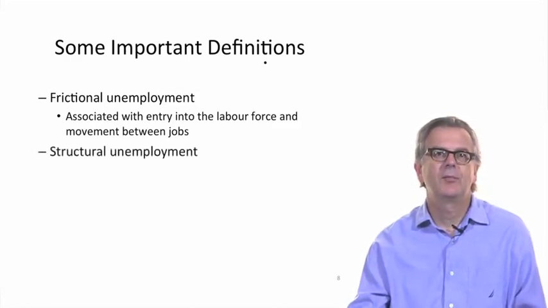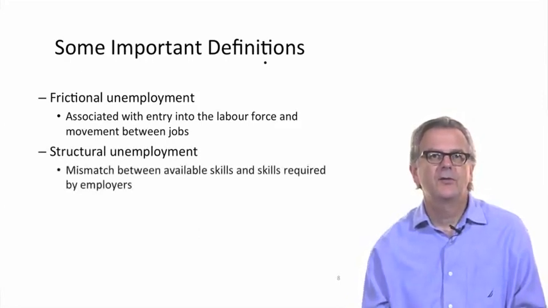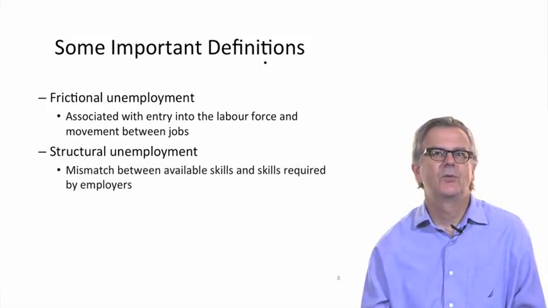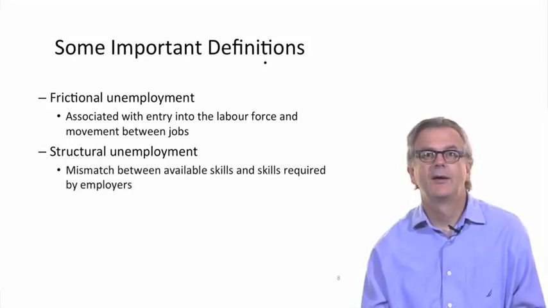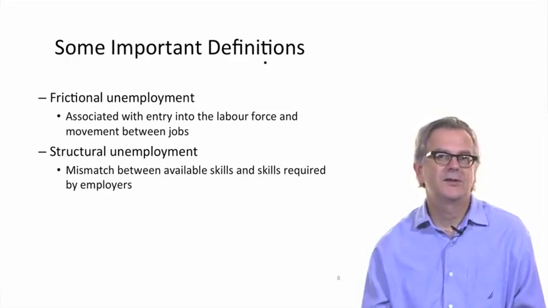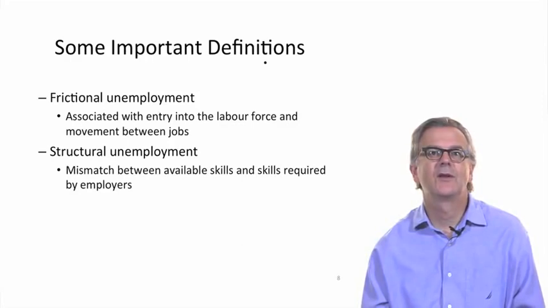The second type of unemployment is known as structural unemployment. Structural unemployment is a situation where there are people in the workforce willing and able to work, searching for work, but there's a mismatch between the skills that they have and the skills that are required by employers.